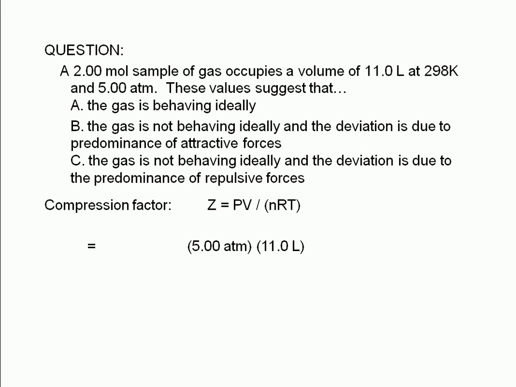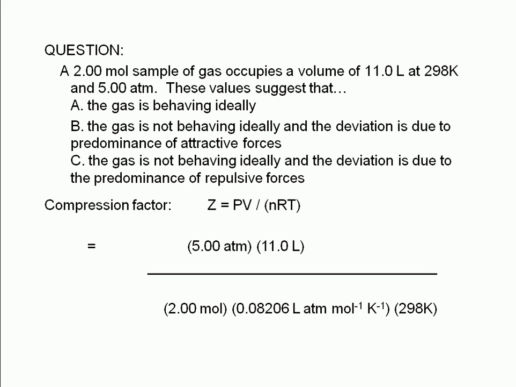In this problem, we are given that the pressure of the gas is 5 atmospheres. The volume is given as 11 liters. The number of moles of gas is given as 2 moles, and the temperature of the gas is given as 298 Kelvin.